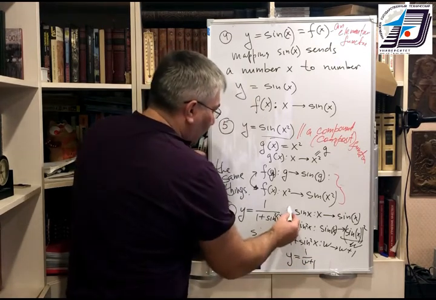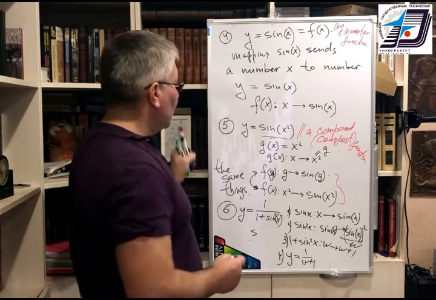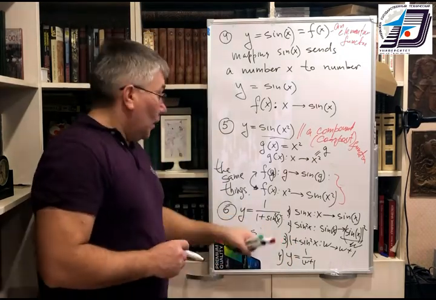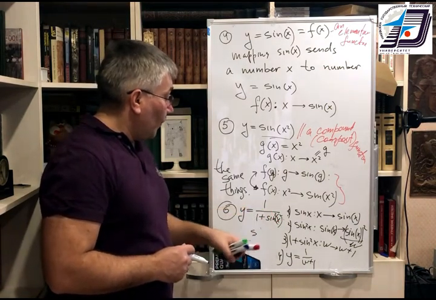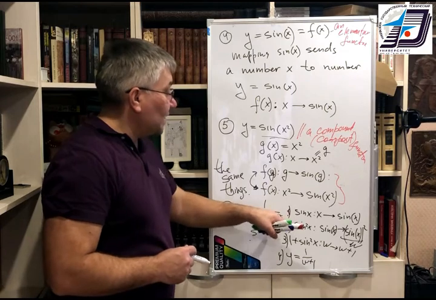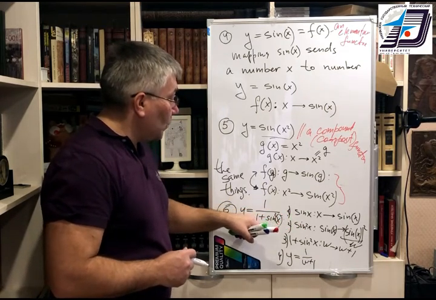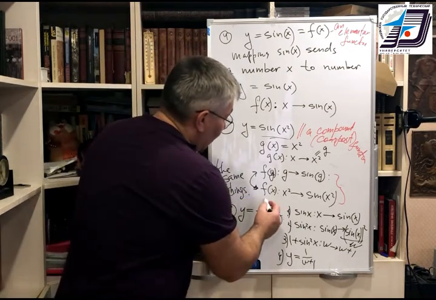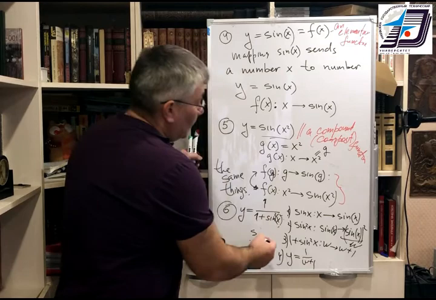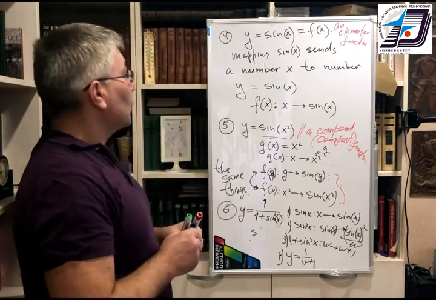And we have 1, 2, 3, and 4 operations to calculate this value y. First calculate sine of x, then raise to the square, then add 1, and the last operation, we have to divide unit by this long expression. Even here you have 4 operations.